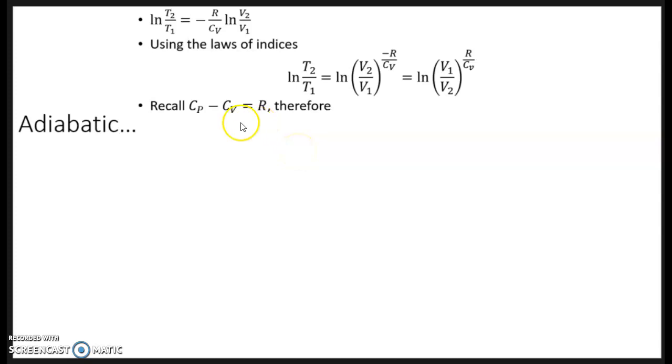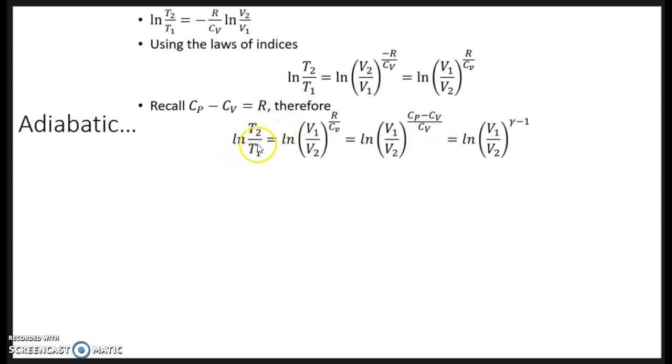We recall that Cp minus Cv is R. That's from the video on heat capacity. So this gives us ln T2 over T1 equals ln V1 over V2 raised to R over Cv, and that's equal to Cp minus Cv over Cv. So this is now gamma minus 1, where gamma is Cp over Cv, called the adiabatic index, and Cv over Cv is 1.